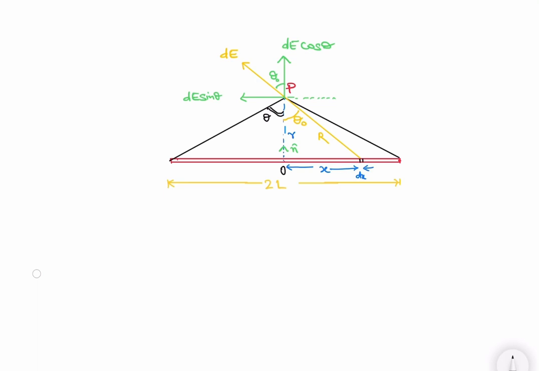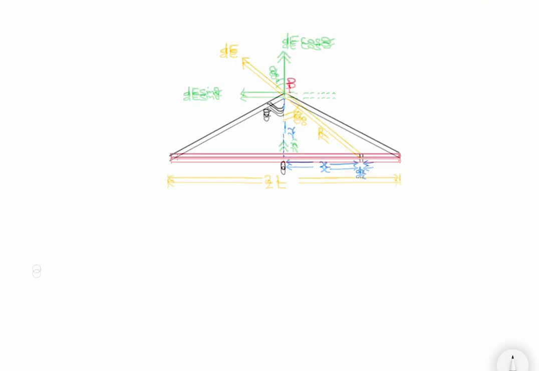Now I am going to discuss with you the electric field due to a charged rod of finite length at a point perpendicular to its length, at any distance small r. During this video, we will learn how to derive this.